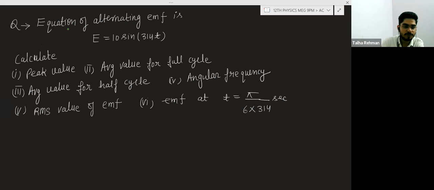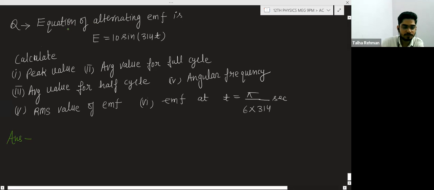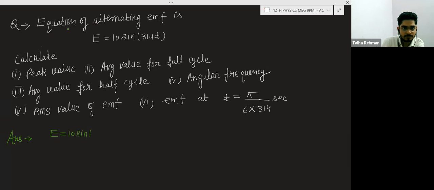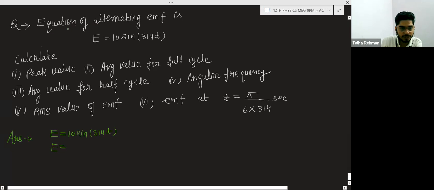Okay, one by one I am solving. So we have this equation of EMF, E is equal to 10 sine 314 t. We will compare this equation with the standard EMF equation, E is equal to E naught sine omega t.